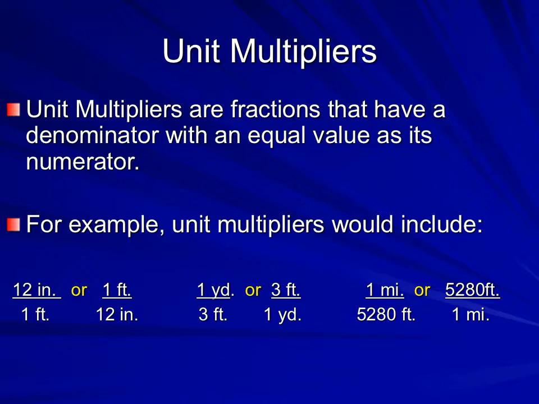I can turn this upside down, or use what's called the reciprocal, and have 1 foot over 12 inches. Just like 1 yard over 3 feet, or its reciprocal of 3 feet over 1 yard. They're still equivalent. And the last one, 1 mile over 5,280 feet, or 5,280 feet over 1 mile.